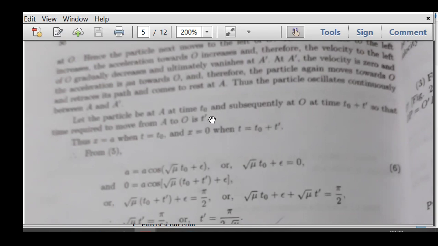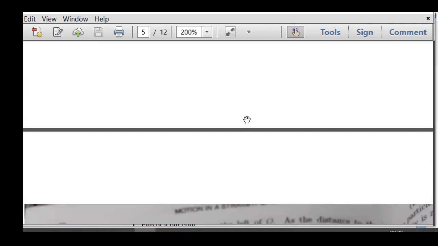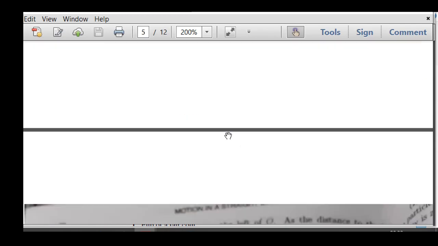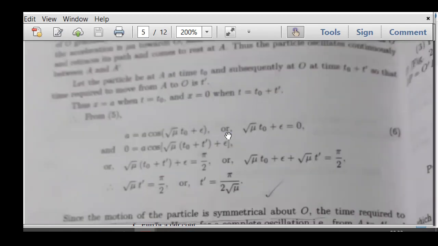If you focus on the differential equation solution you have obtained, there are two parameters, x and t. If I take t0, then x equals a, because you are at the position a. If you take t0 plus t dash, you are at the origin, that means x equals 0. Using these two, we will do some calculations here. So x equals a when t equals t0, and x equals 0 when t equals this quantity.